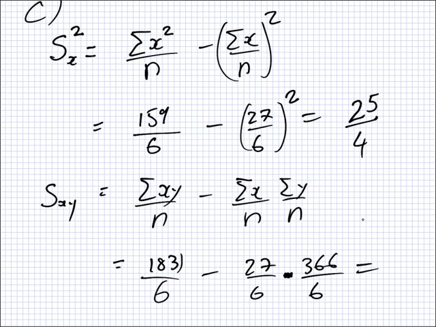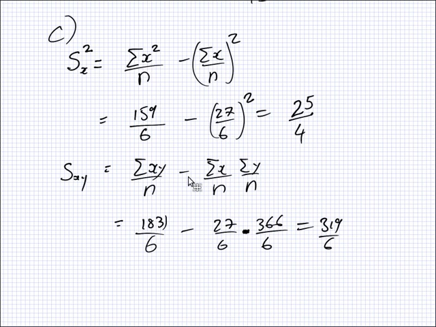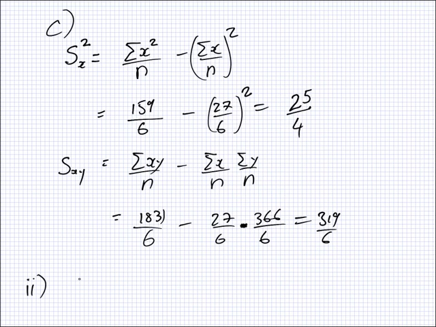One sec. Say again? 319 over 6. Okay, next part. Find the equation of the line. So you remember the formula is y minus y average equals m times x minus x average.